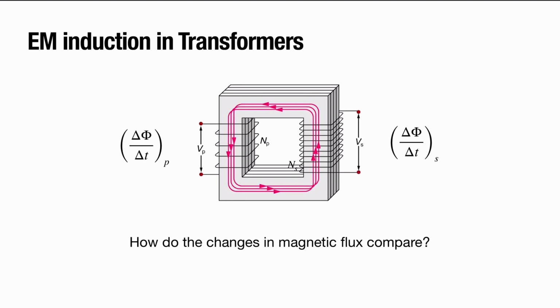Consider here a transformer. This is one configuration of a transformer. Remember, a transformer has two windings or coils, and one of them may be attached to a source and one may not be, but the point is the two coils are not electrically connected. But in this case, we have a coil winding around a metal core.